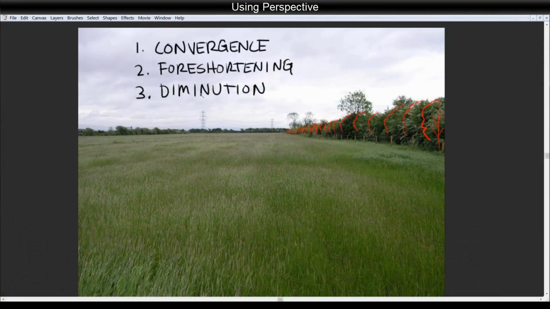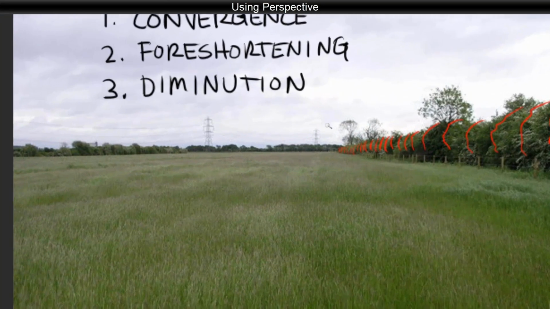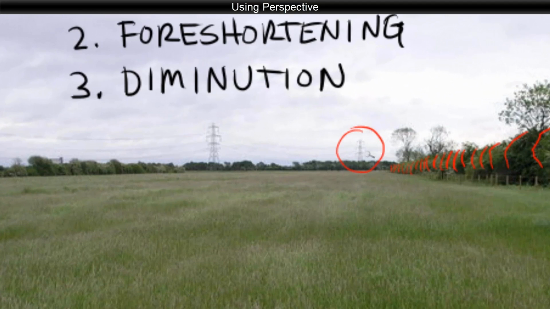And then diminution, that's everything shrinking down in scale as well. So while foreshortening is more of a compression from the top and kind of squishing, diminution is also shrinking it in from the sides too and just overall making it smaller. For instance, and you probably can't see it very well, but there's an electrical wire pole here, and it's a lot smaller than the one that's a bit closer in the foreground.